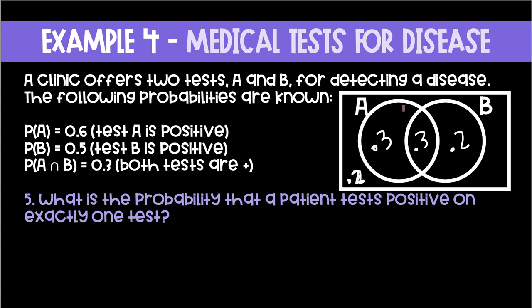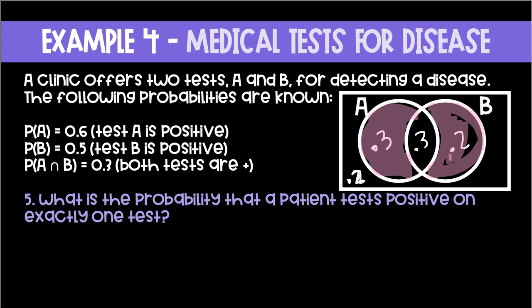Oh, that means either only A or only B. That's 0.2 plus 0.3, 0.50, or 50% chance.